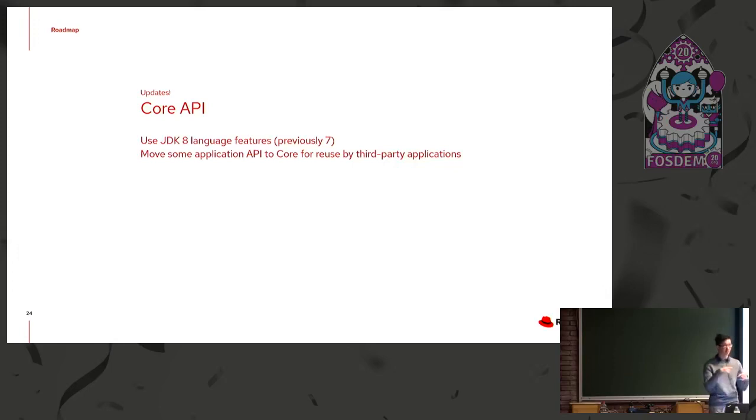So this isn't to do with compatibility between JFR and your OpenJDK version. This is just the actual code of the API will compile on 8+ and run on 8+, because we're going to be using JDK 8 language features. And more things from the application will be moved into core to be reused by third-party applications because they are useful.